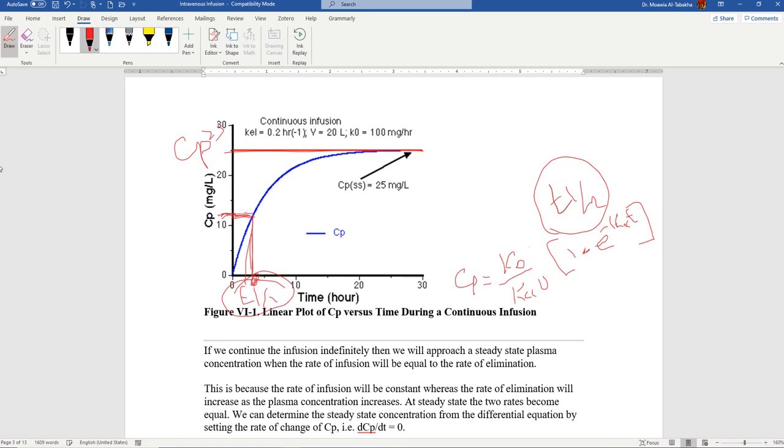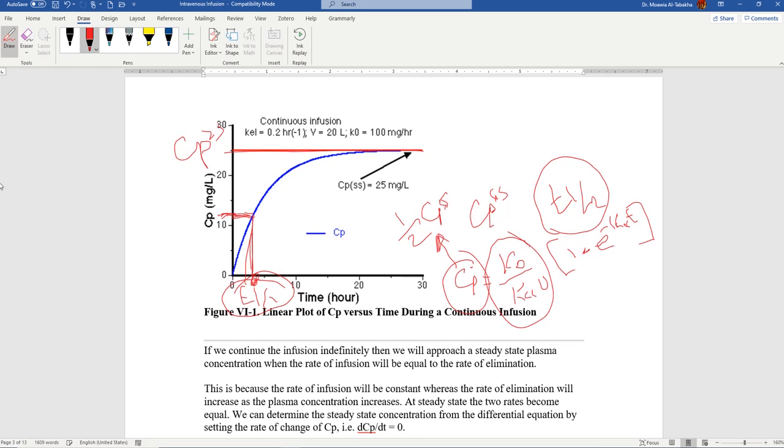Now, remember that K0 over KEL times V is the CPSS. I want to reach half the CPSS, so I will substitute Cp by half CPSS, or 0.5 CPSS.